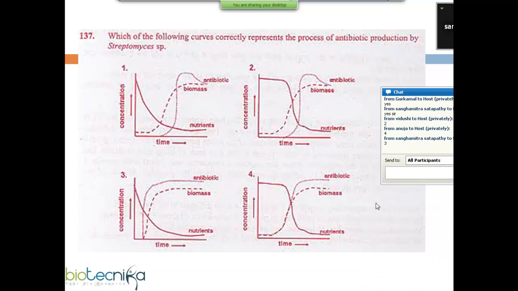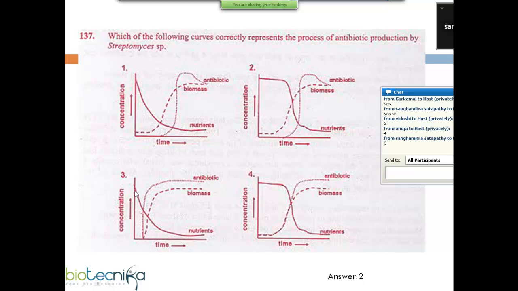The answer is 2. If you see, there is not much difference between graph 1 and 2, and even 3. But in this one the nutrients are depleting immediately, and it is not like that. Actually the nutrients will be there for some time and then they will deplete. That depletion will increase the production of your product.